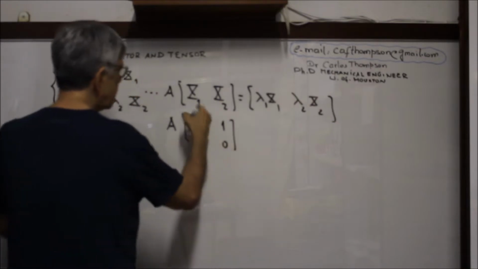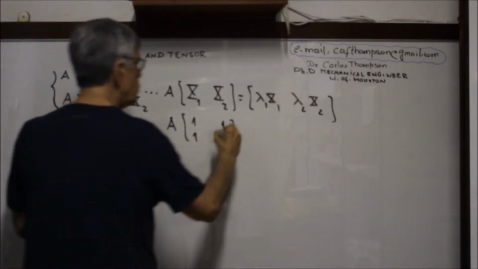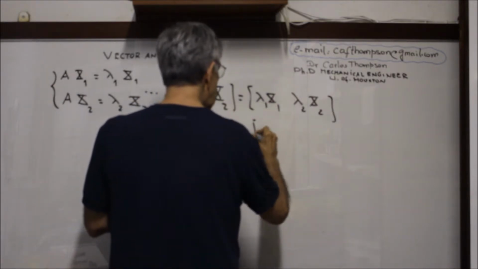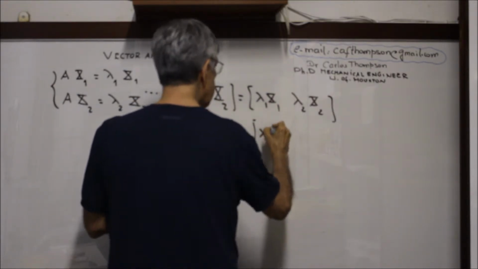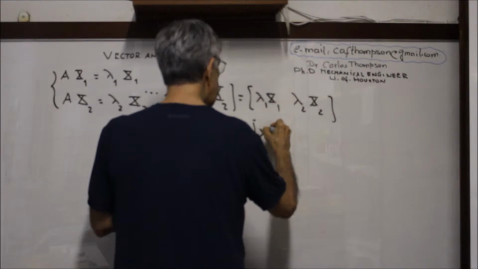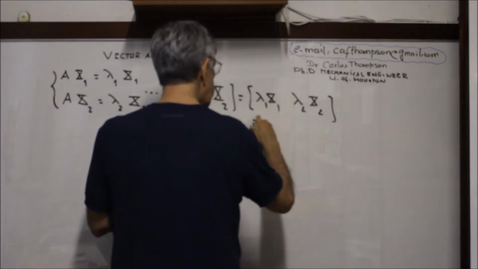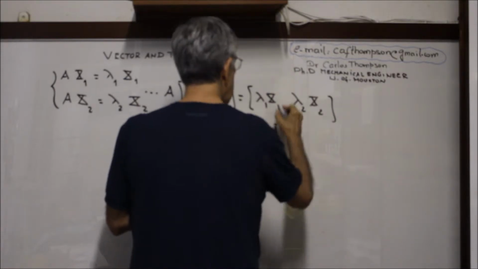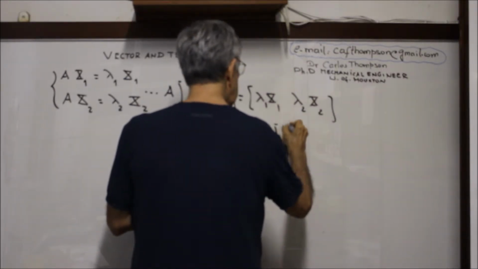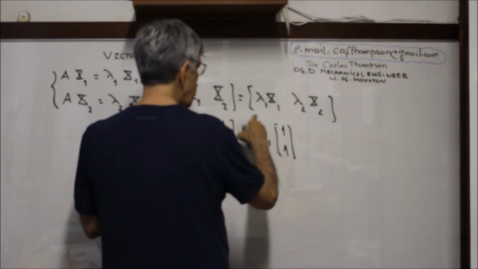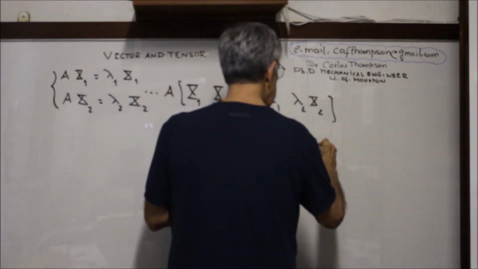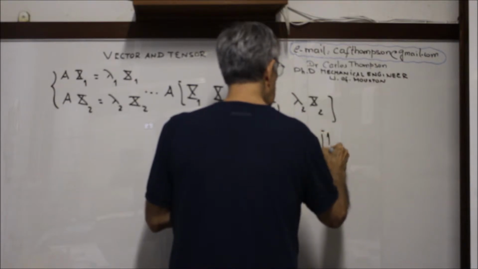So this is equal to lambda 1 times (1, 1) and lambda 2 times (1, 0).